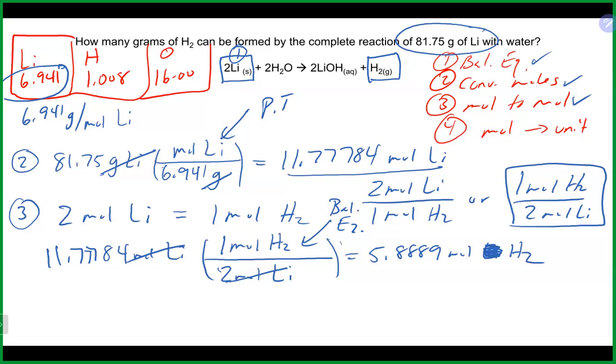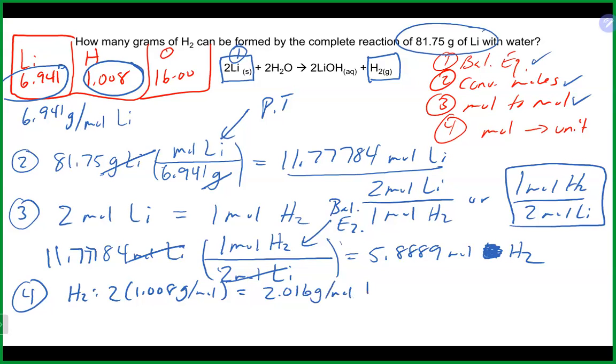So now that we are converted to H2 in this case, we do need the molar mass of H2. So again, we need to go back to the periodic table and get the molar mass of H2. And that is basically 2 times 1.008 grams per mole. That's going to give us 2.016, I believe, grams per mole for hydrogen.